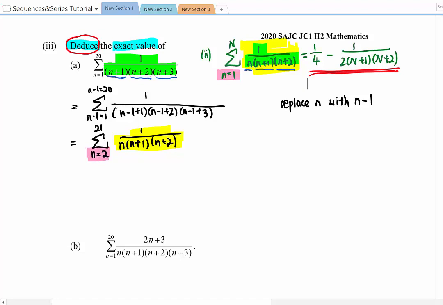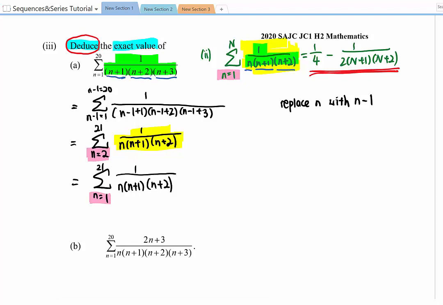Perhaps since we are currently calculating by adding up the second term all the way to the 21st term, what if we start from the first term, and add all the way up to the 21st term? Then this will be better because the lower limit will correspond to our part 2.